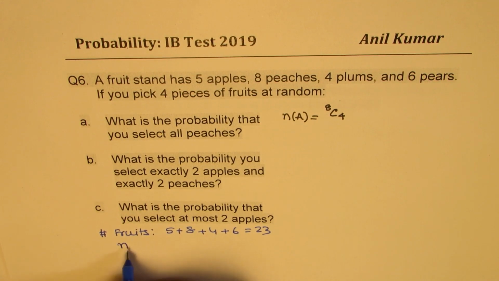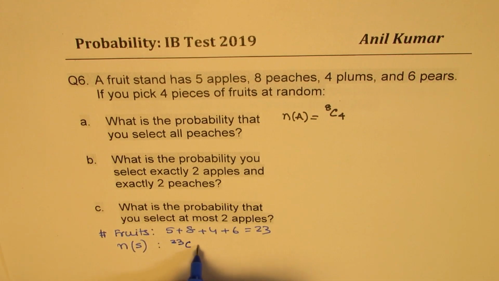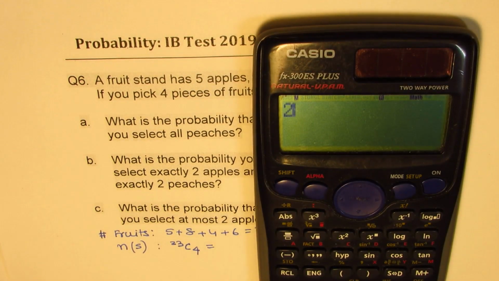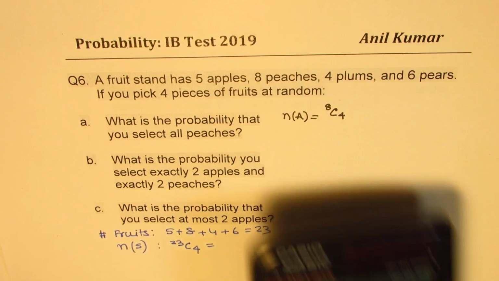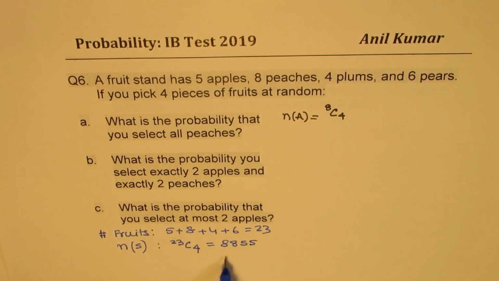So in our sample space, the total number of choices, picking 4, is going to be from 23 choose 4. Let's find this number out. So it is 23 choose 4, which is 8855. Correct? So that is what we have to always divide by in our case. So we'll divide by this number, which is 23C4.